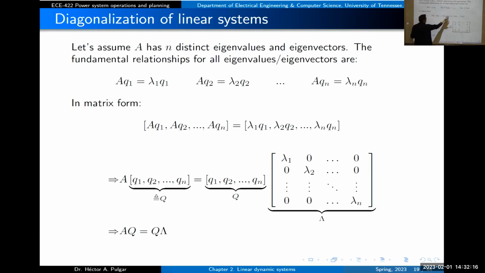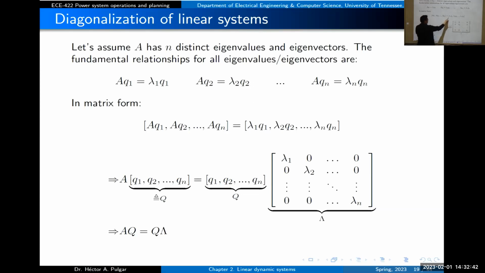So what we can do here is factorize A from the left. I can take this A out of this matrix, and you get A multiplied by this new matrix that we're going to call capital Q. Each column of capital Q corresponds to one of the eigenvectors.